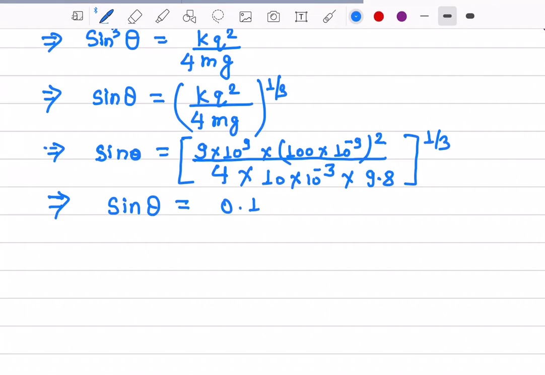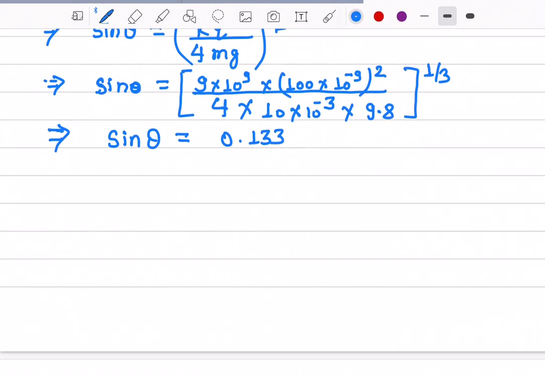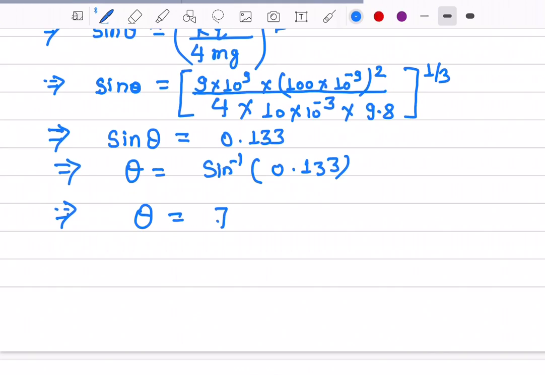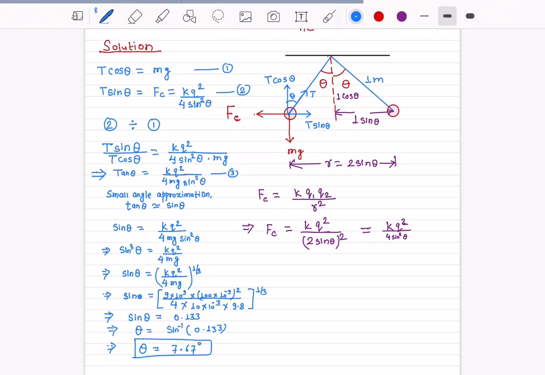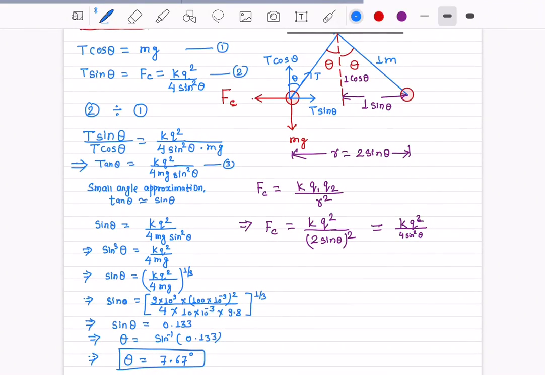If you plug it into your calculator, what you get is 0.133, and theta is equal to sine inverse of 0.133. If you just solve it, this angle is 7.67 degrees.